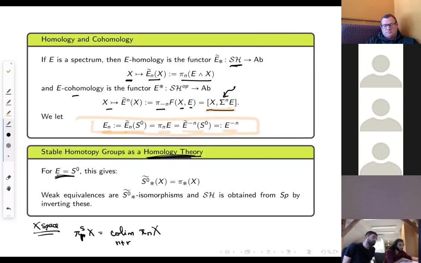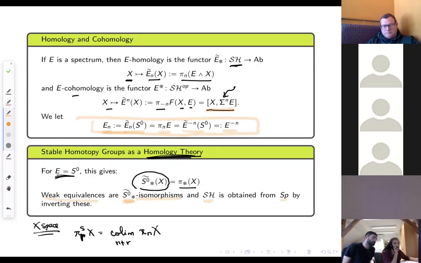The reduced homology of X is pi star of X, and for the suspension spectrum, that's the stable homotopy groups of X. Remember, the weak equivalences were pi star isomorphisms, which are the same as S naught homology isomorphisms, and SH is obtained from spectra by inverting these isomorphisms.